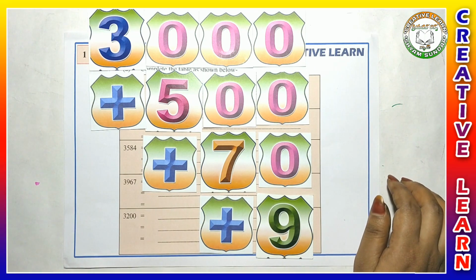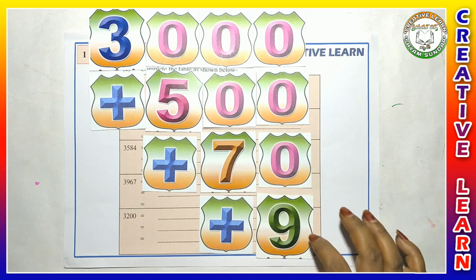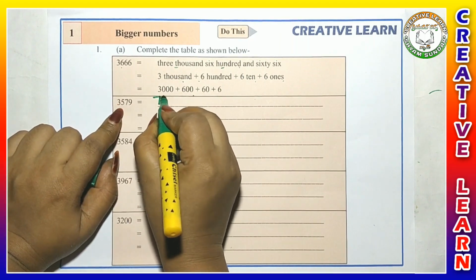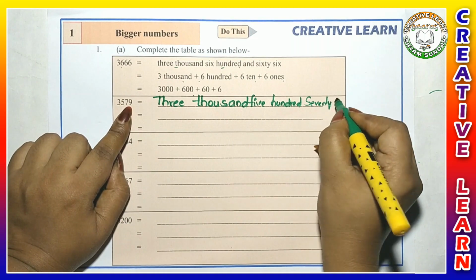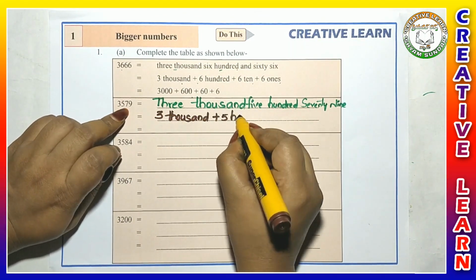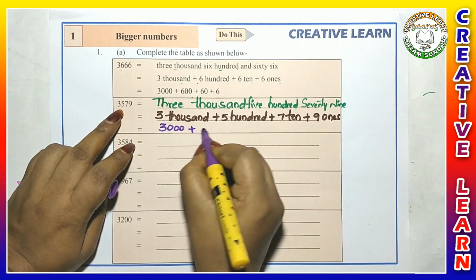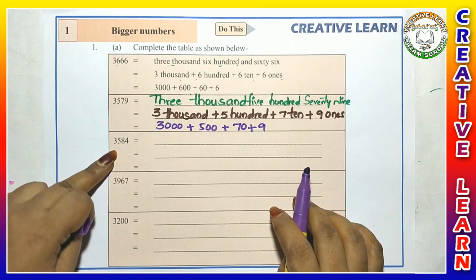This is called the expanded form of 3579. Let's write this. This is the expanded form of 3579. Now, next number.